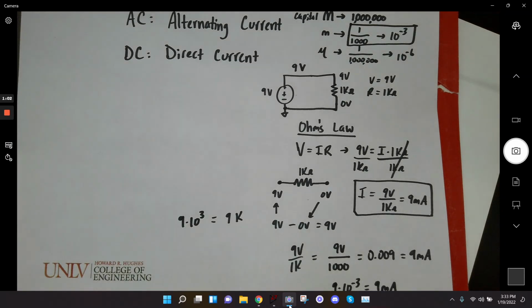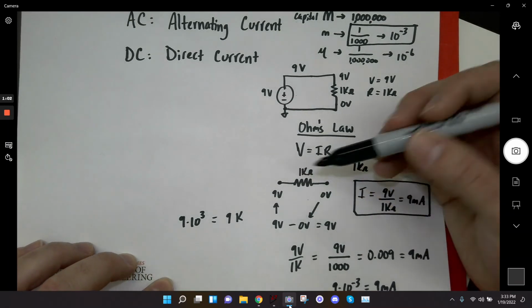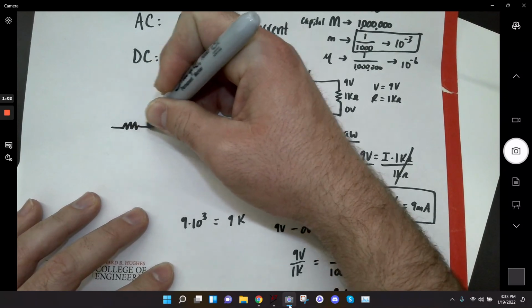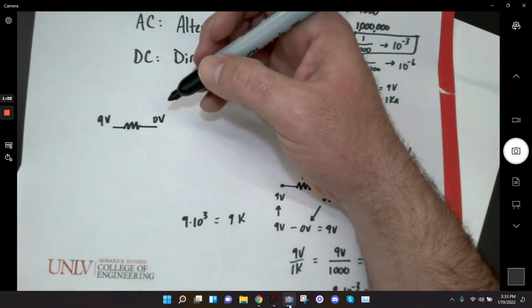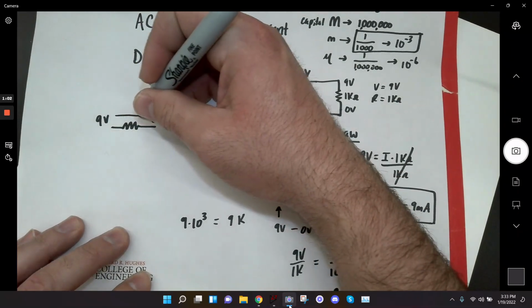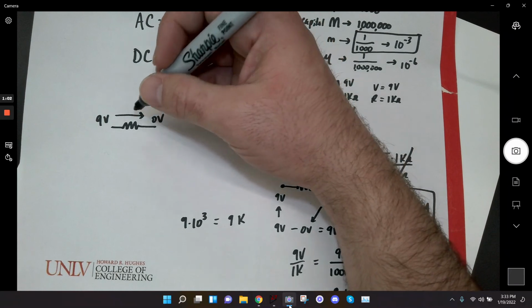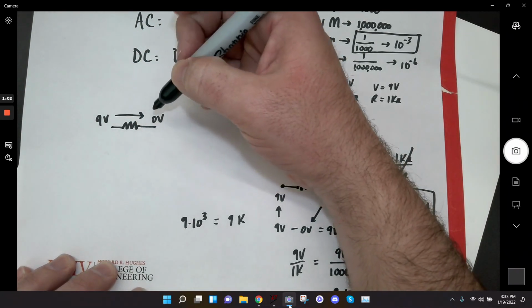Let me go ahead and do another example here. Actually, let me just stay on the same example and draw it a little bit better over here. So if I have a resistor, and I have 9 volts here, and I have 0 volts here, my current is flowing this way, right? That's how current is flowing. It flows from the larger potential to the smaller potential, okay?